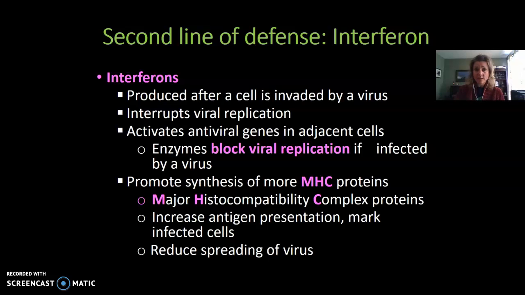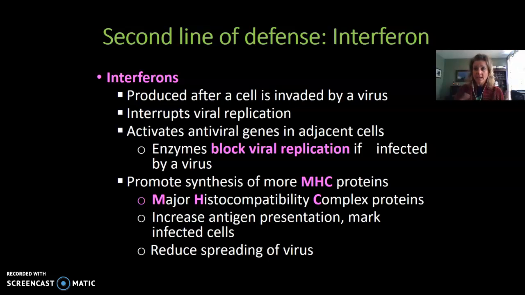Interferon is released from an infected cell and it binds to the receptors that are on its neighbors, on the adjacent cells. That binding of interferon to those receptors stimulates the cells to produce an enzyme that interferes with or blocks replication of viral genetic material.